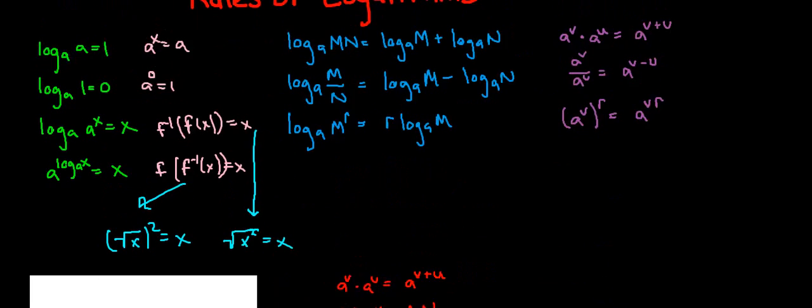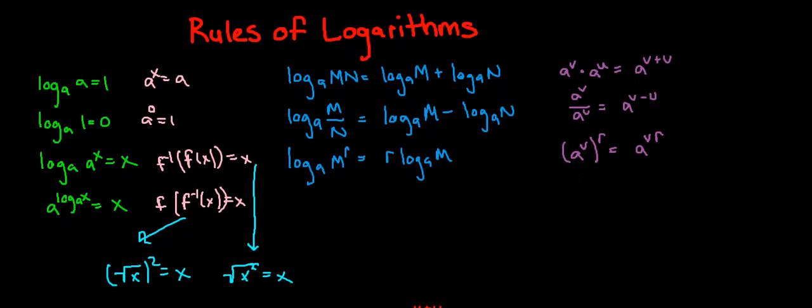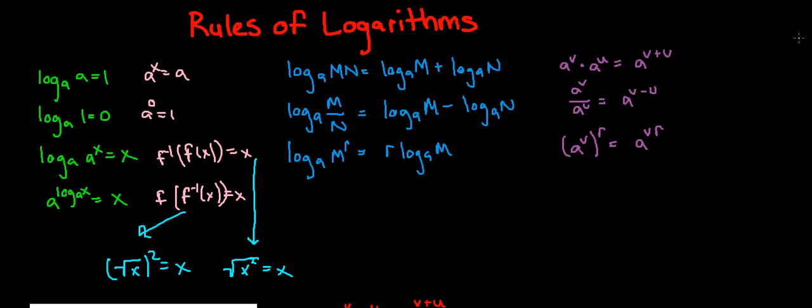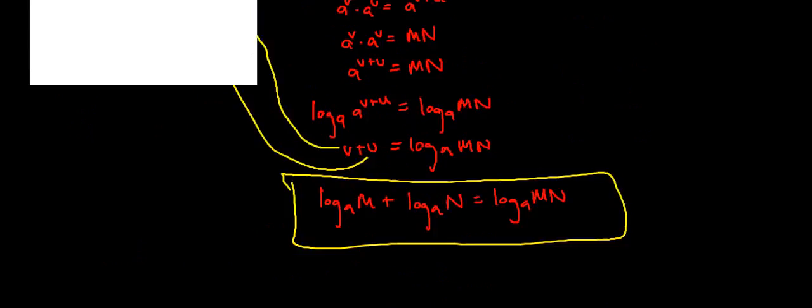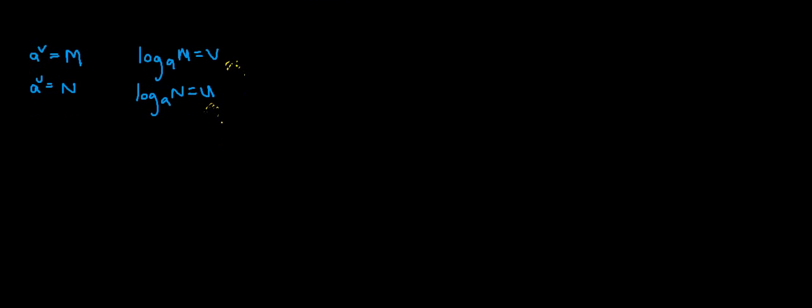So the next exponential rule that I want to convert into logarithmic rules is a raised to the v divided by a raised to the u is equal to a raised to the v minus u.